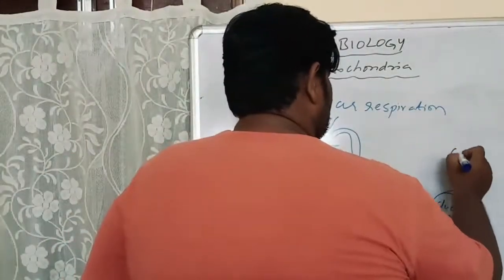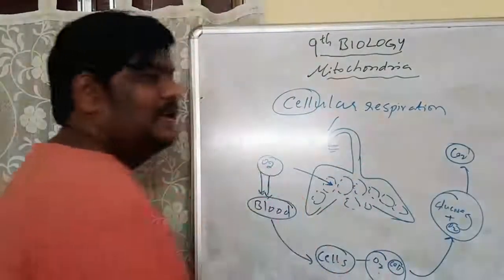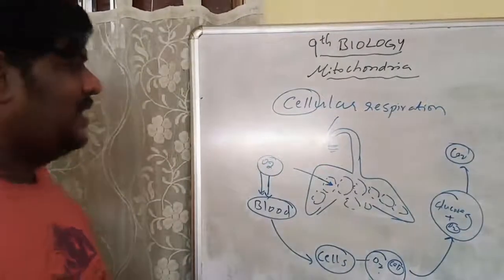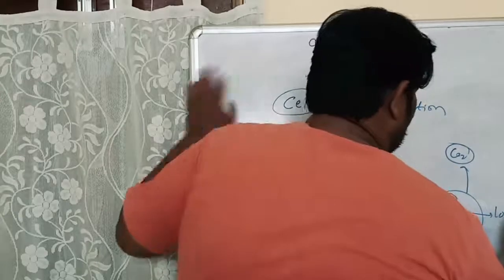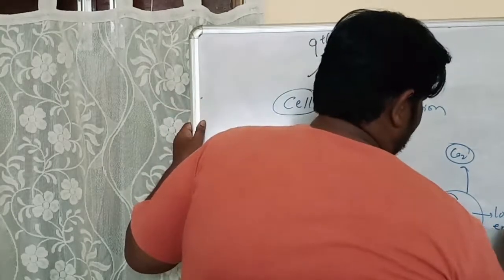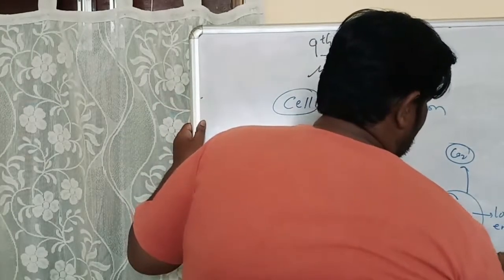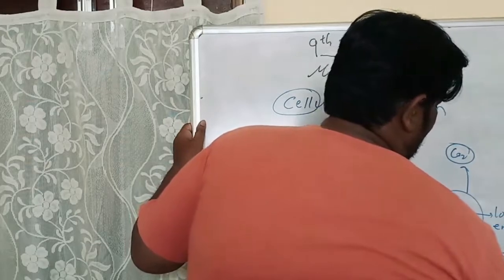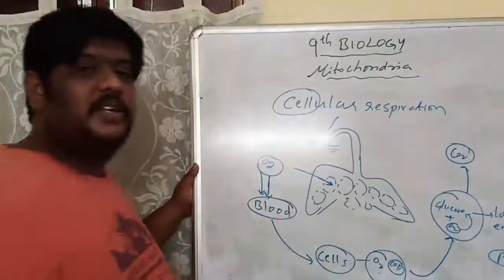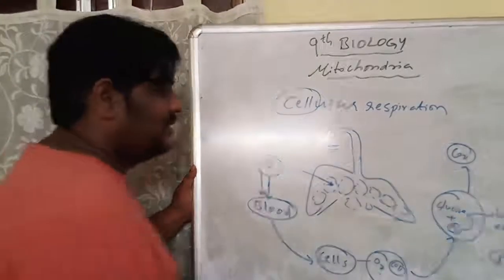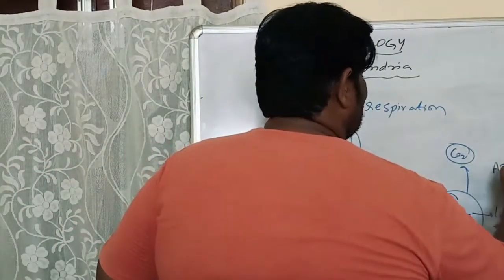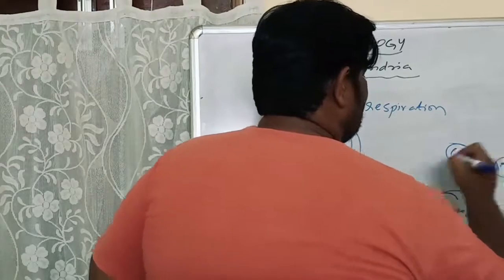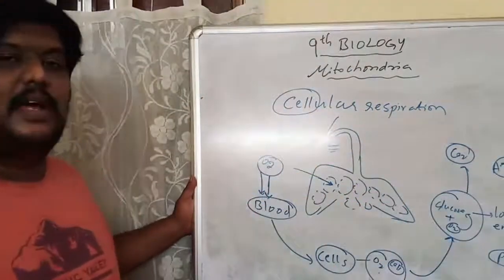It gives out carbon dioxide, but at the same time a lot of energy is produced. And this energy will be stored in the form of a molecule called ATP. ATP is adenosine triphosphate.